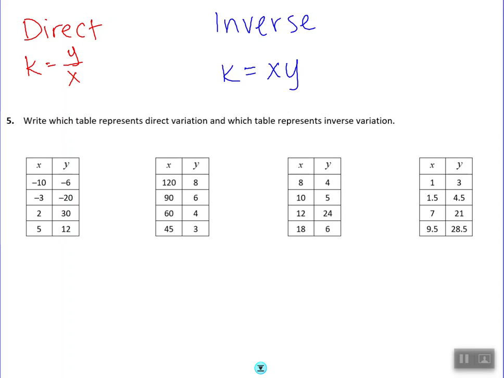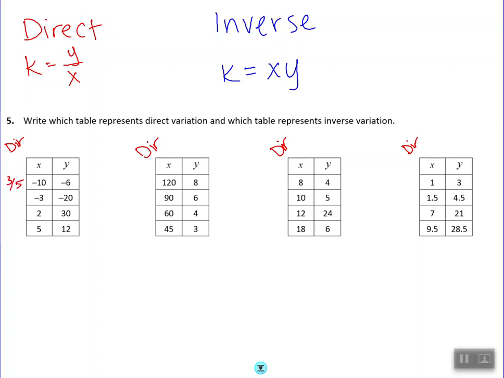So, I'm going to write direct on the left side of the table, and I'm going to find what k would be. So I'm going to do y divided by x. So y divided by x, negative 6 divided by negative 10, you can type that in your calculator.